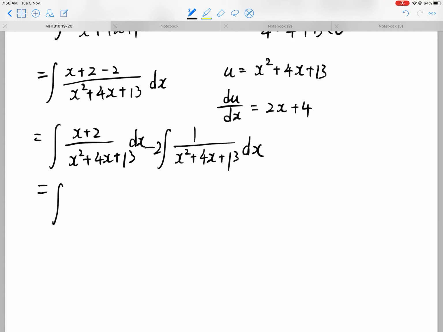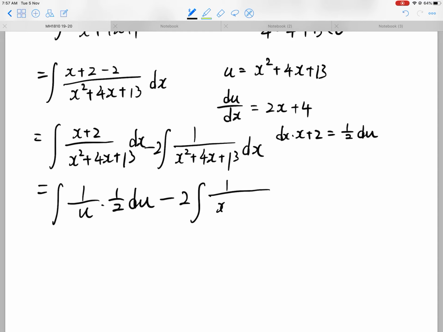It should be 1 over u, but your dx, so you change it a bit: x plus 2 times dx should be half du. So this part should be half du. And minus 2, so now for this part you can apply the same trick. It's (x plus 2) squared plus 3 squared, dx.